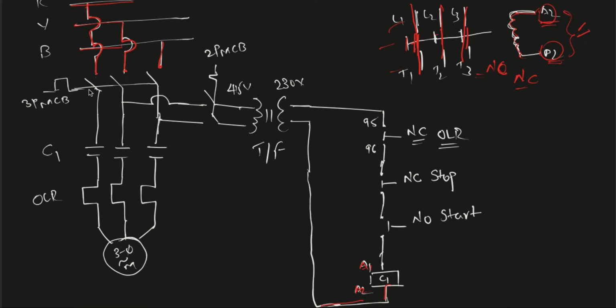As soon as you close these switches, the voltage starts flowing from here and it will stop till here because the coil C1 is not energized. You just follow my red path so that you can understand. A1, A2 of C1 should be energized so that these contacts change from normally open to normally closed.